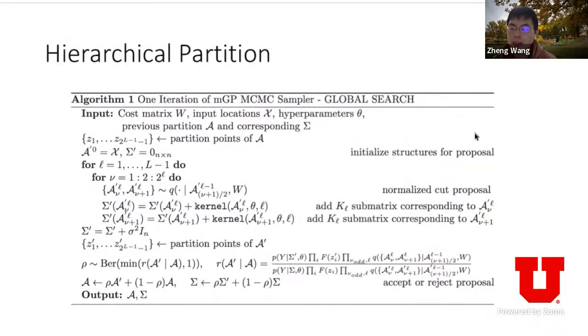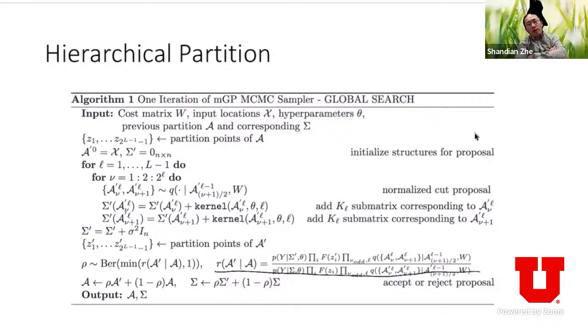You just pick one partition node and do the partition, draw some samples from the proposal distribution, and calculate the acceptance rate. If it is accepted, you replace the old partition with the new partition and update the corresponding kernel variance.